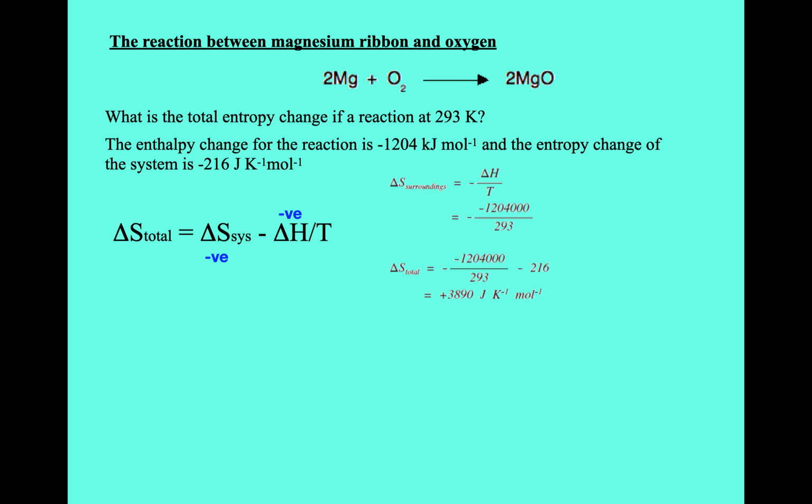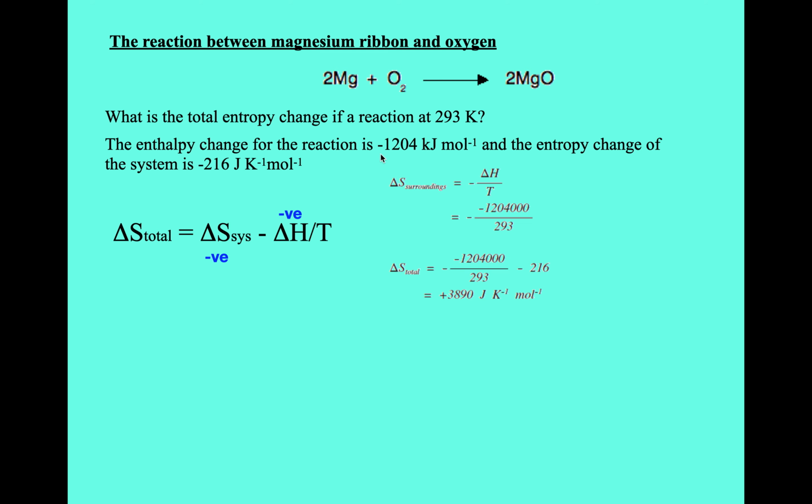Okay, now we can do the calculations, put the numbers in. Delta S of surroundings is minus delta H over T. Remember, this has got to be in joules. Delta S total in that case is the delta S of the system, there it is.